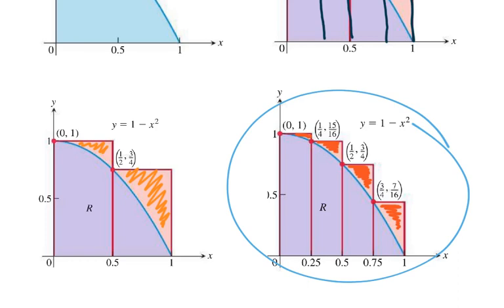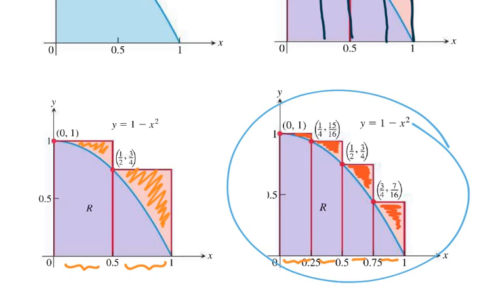And so my question to you is, how many rectangles could I create? The diagram here on the left shows 2 rectangles of equal width, each 1/2 unit, versus 4 rectangles on the right, all of equal width, 1/4 unit.